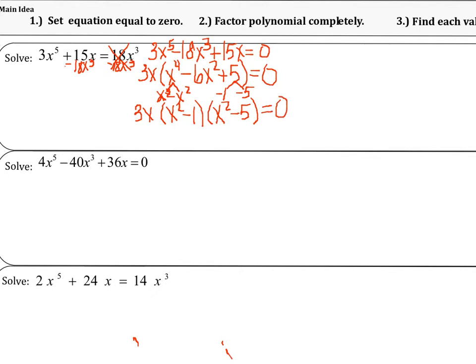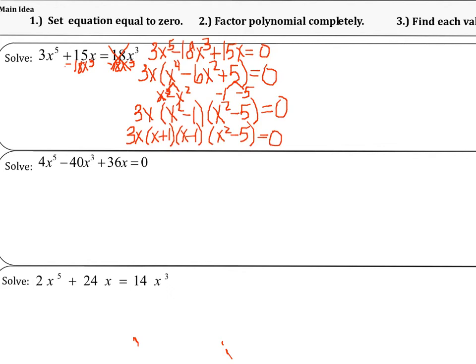Now, I also notice here, x squared minus 1, this is a perfect square. So I can still simplify a little bit further. So this really is 3x times the quantity x plus 1 times the quantity x minus 1 times the quantity x squared minus 5. And that equals 0. So I'm trying to solve this now. I want to find each value of x that would make each one 0.